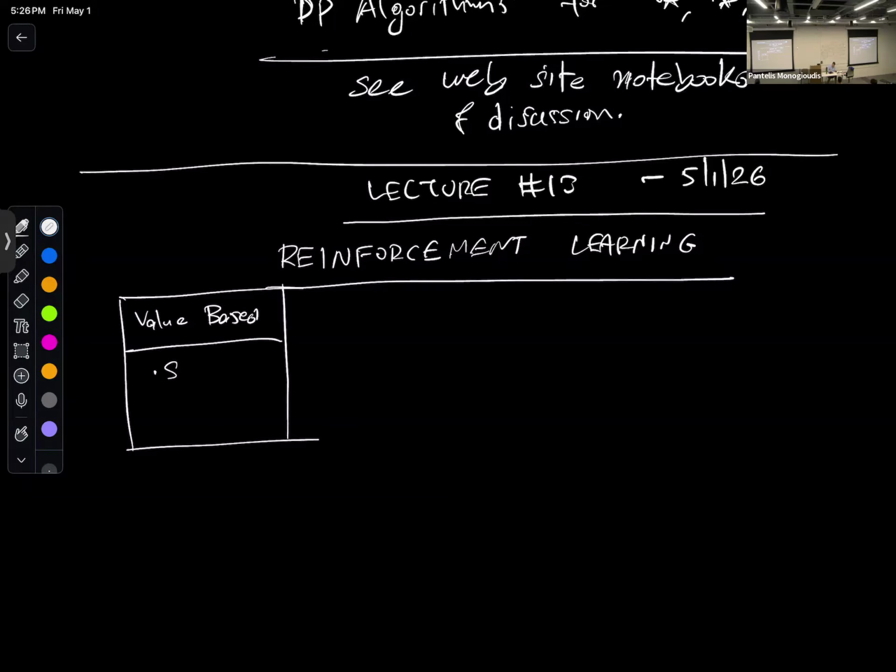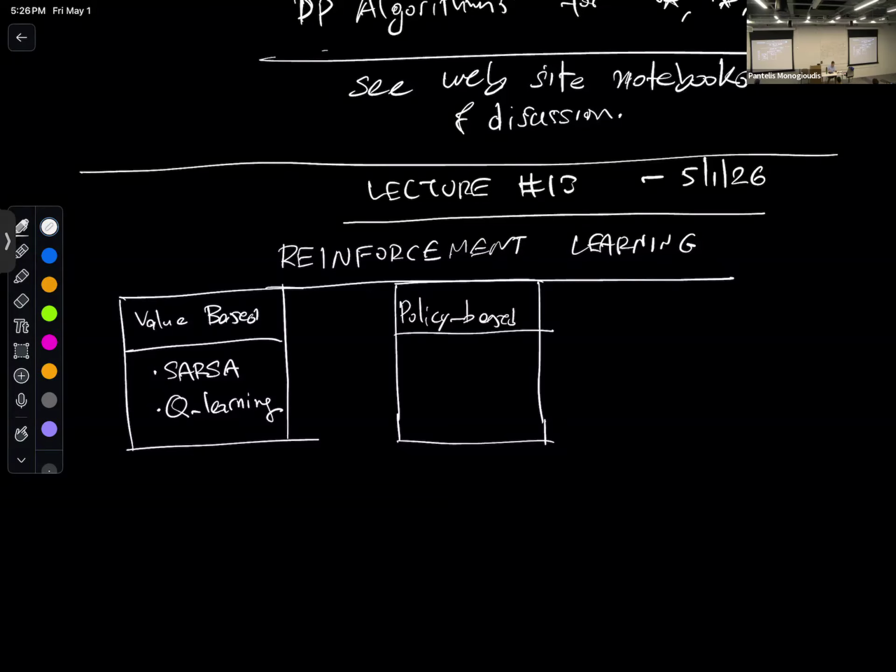One of them is going to be called SARSA. The other is going to be called Q-learning. The other category is going to be called policy-based. And finally, this is where we conclude: REINFORCE. This is the mother of many of today's modern reinforcement learning algorithms.